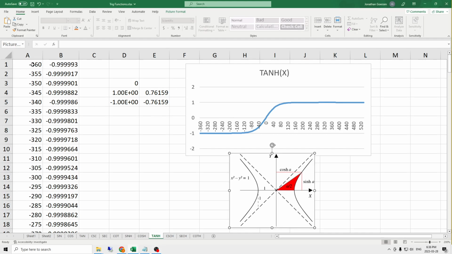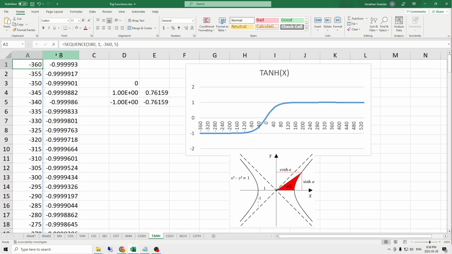In order to show how this function behaves across a range, I've created a number of values in degrees, and then in column B, converted degrees to radians, and then taken the hyperbolic tangent. And we can see from the graph that as the input values become large, the output of the hyperbolic tangent approaches 1.